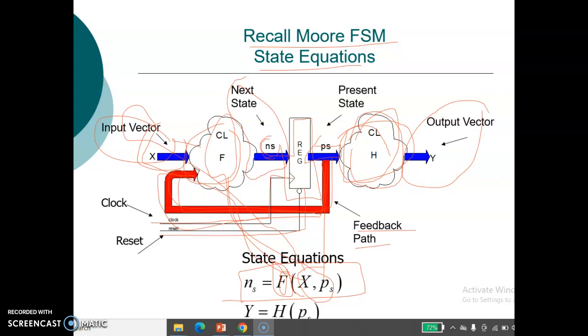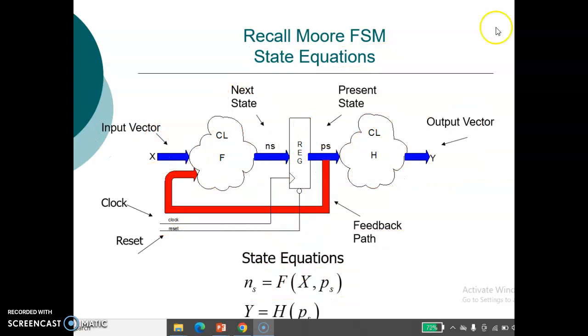Then Y is the output vector. So the output vector connection, what is its input? Combinational logic H. What computation is going on in combinational logic H?